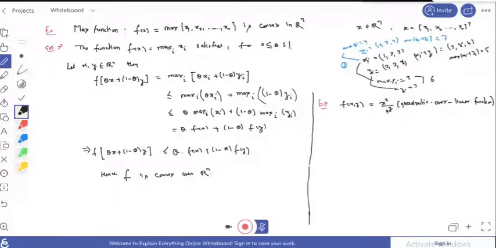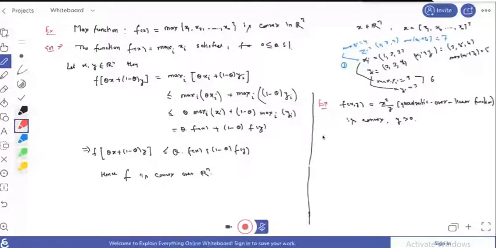Any quadratic over linear function is always a convex function, provided that the denominator term is non-zero. This is always convex when y is greater than 0.